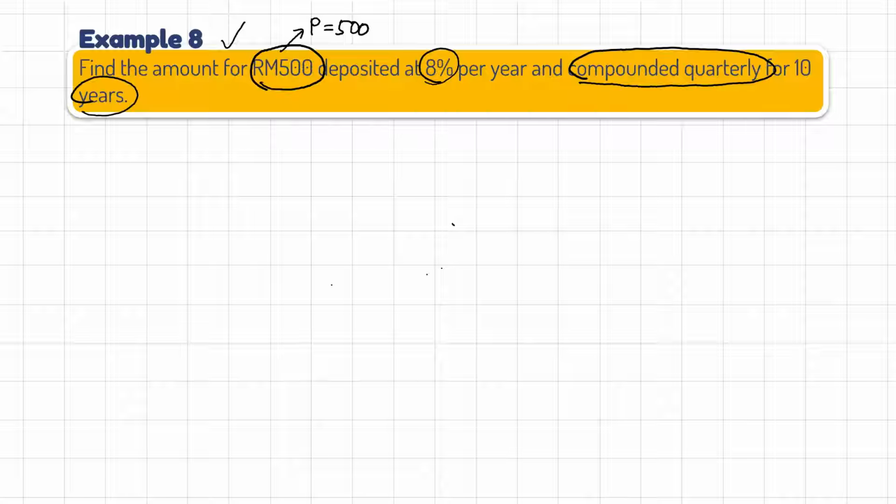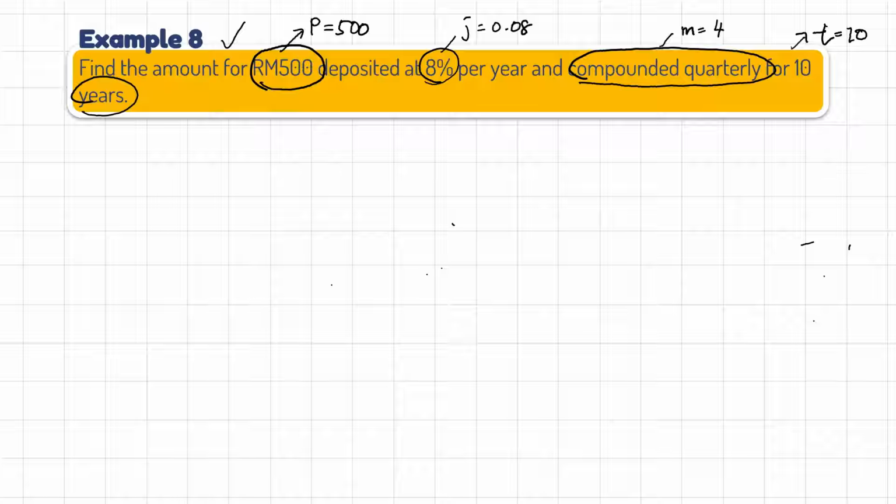Then we have 8% per year, 8% is the value of j, 0.08, and compounded quarterly, which means our m equals 4. For 10 years, so this will be our t, t equals 10. Please remember, t should be in years.